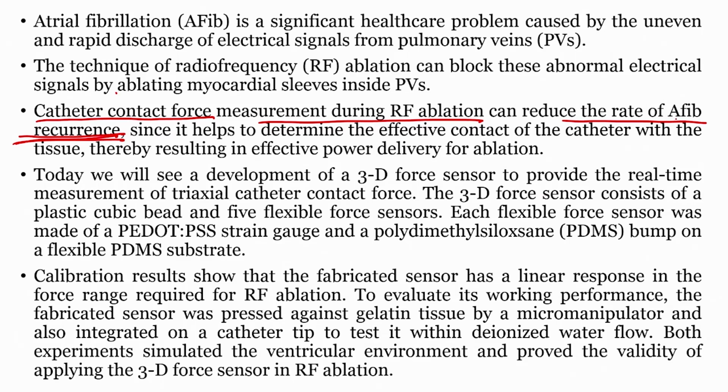How can it reduce the rate of AFib recurrence? Since it helps to determine the effective contact of the catheter with the tissue, thereby resulting in effective power delivery of ablation. So, catheter contact force is very important.